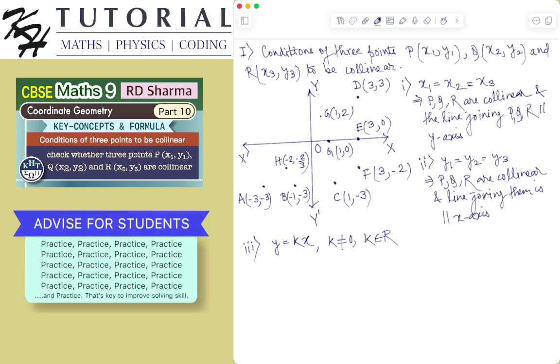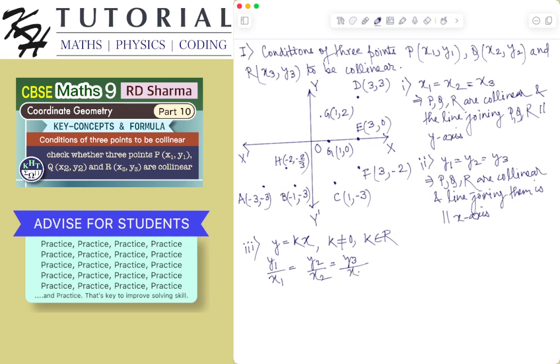That is, if the points P, Q, and R are collinear and they lie on a line whose equation is of the form y equals kx, then the ratio of the ordinate and the abscissa will be the same for all the 3 points. That is, y1 by x1 will be equal to y2 by x2 will be equal to y3 by x3.